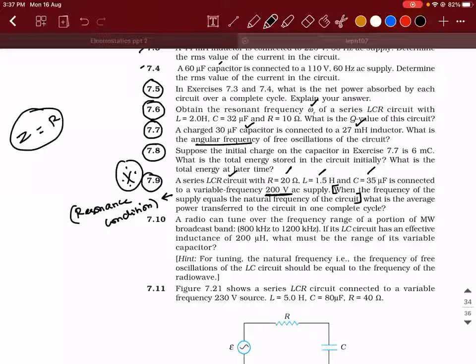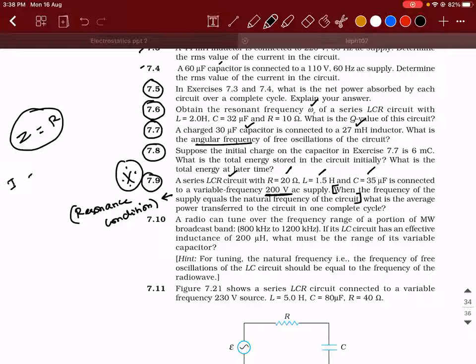So this is another important point. They can ask this also as an MCQ. During resonance condition, Z will be minimum and the circuit will behave like a purely resistive circuit. Though the inductor and capacitor are still present, their contribution to the impedance is zero. Do you guys remember this?